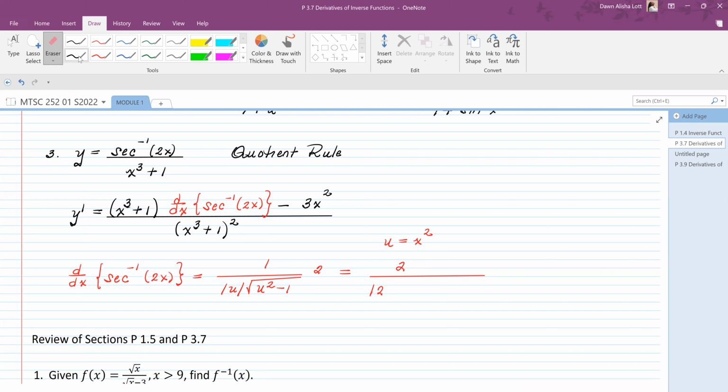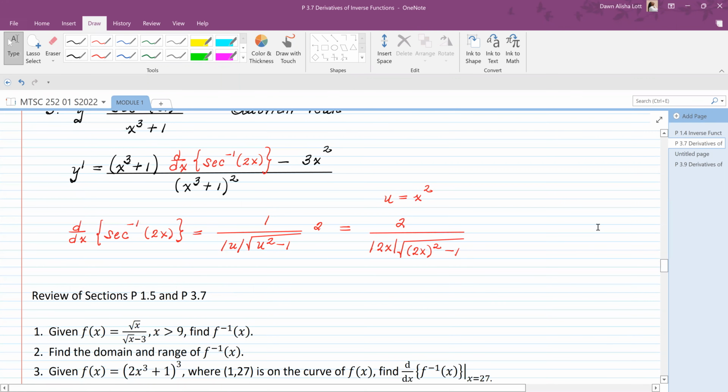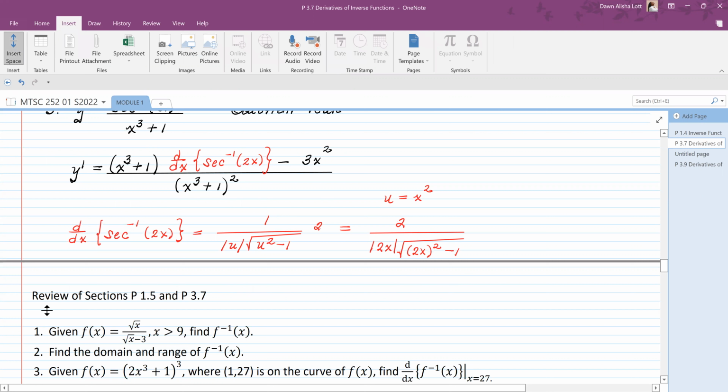So that becomes 2 over the absolute value of 2x times the square root of 2x squared minus 1. Okay, so our final answer, which is still not going to be cute, but at least we know we're going to get a final answer here.